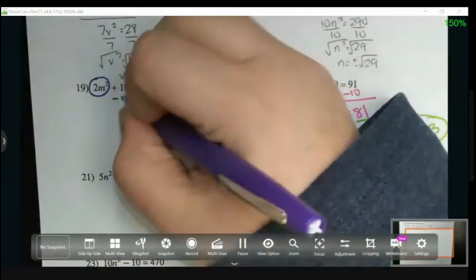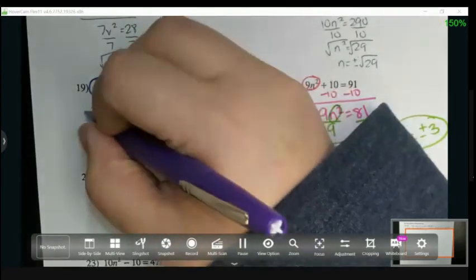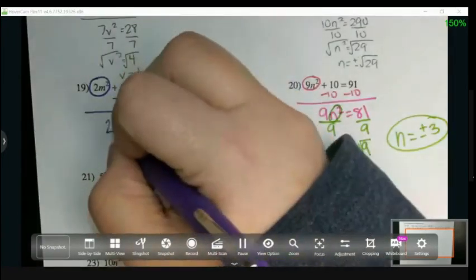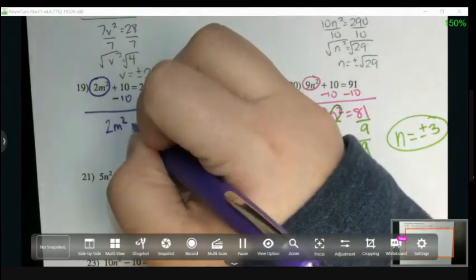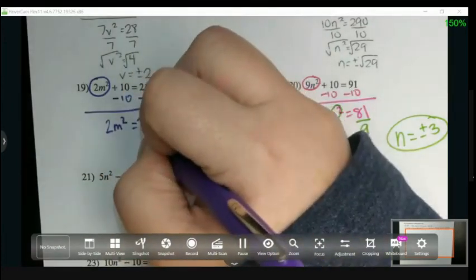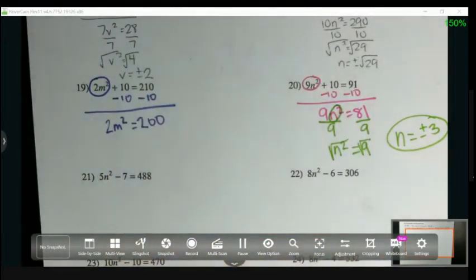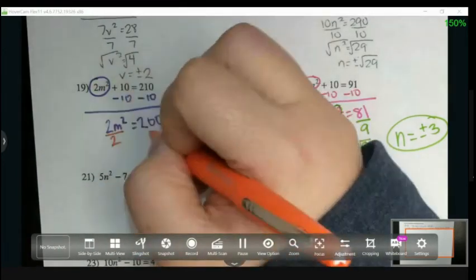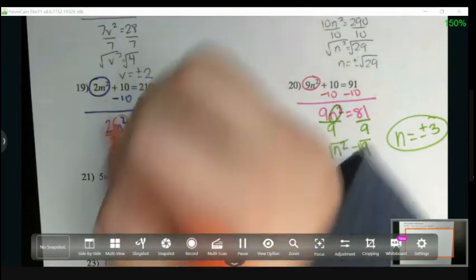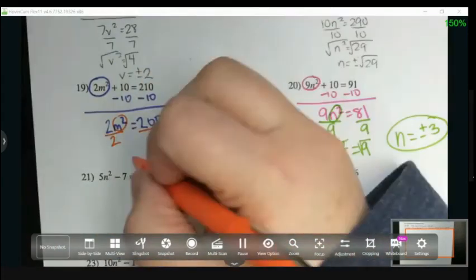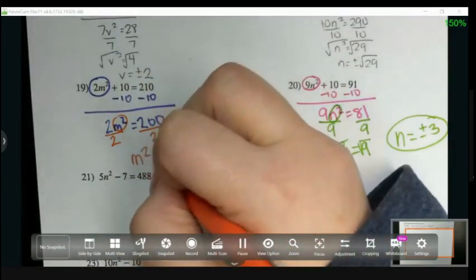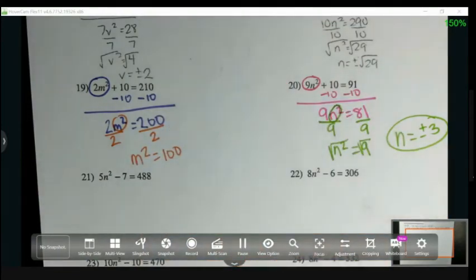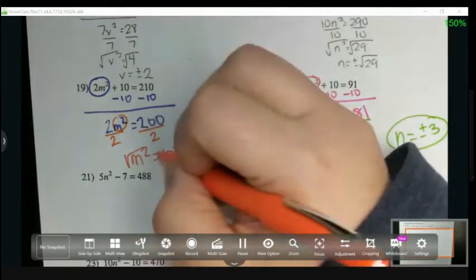So we need to move the constant. And then we divide, because remember, we still want this term to be by itself. And I get that m squared equals 100. And then we take the square root of both sides.